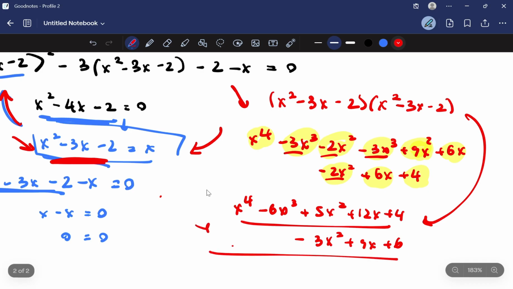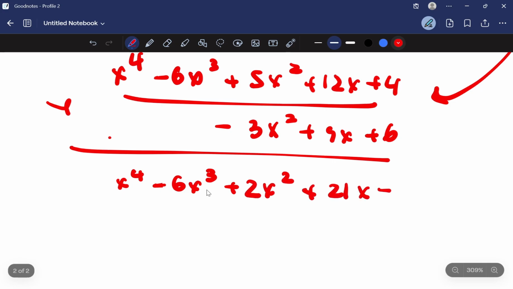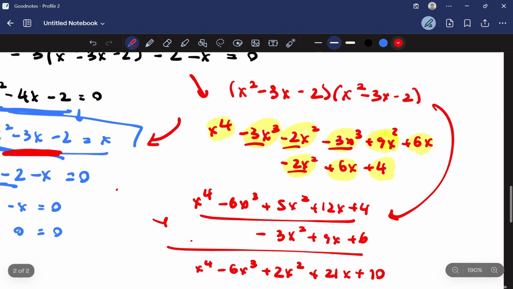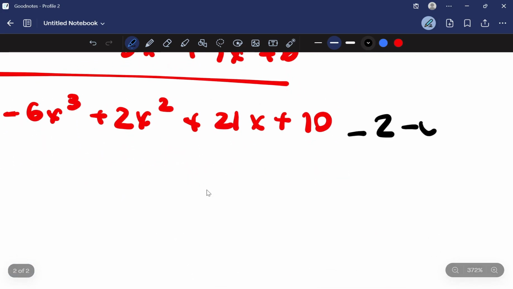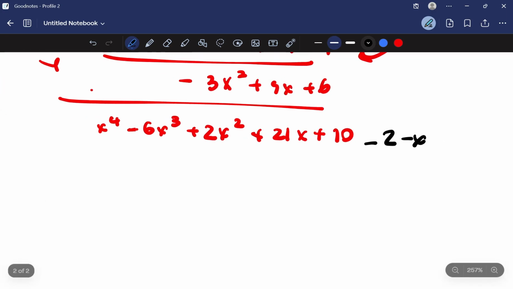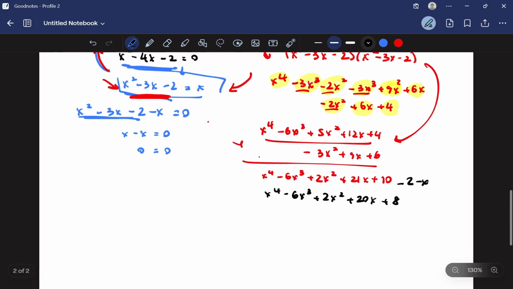So I'm going to add these two first to get x fourth minus 6x cubed plus 2x squared plus 21x plus 10. And then added on at the end is another minus 2 minus x. And then in total you get x fourth minus 6x cubed plus 2x squared plus 20x plus 8. And that is still equal to 0.